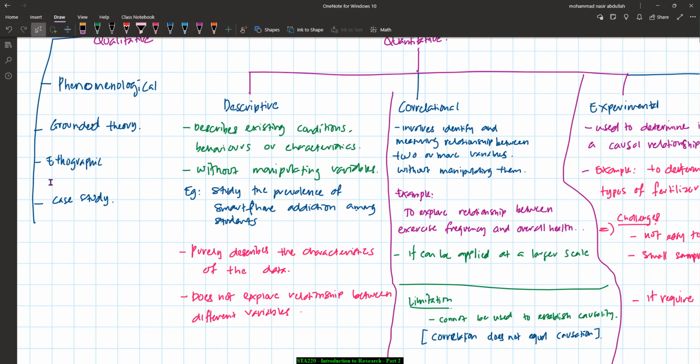We just want to understand the belief and behavior about a certain culture. The data collection suitable for this research design may be observation and in-depth interview to explore participants' views and beliefs, right? For example, maybe we want to know how different communities celebrate their festive season, traditional festival.